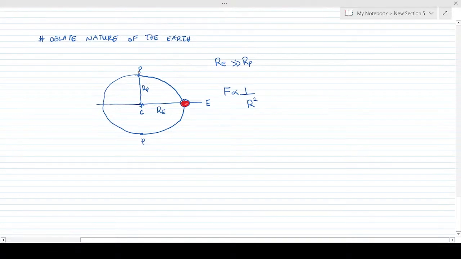Then if the same body is placed here at the pole, the distance from the center of the earth to the body is RP.